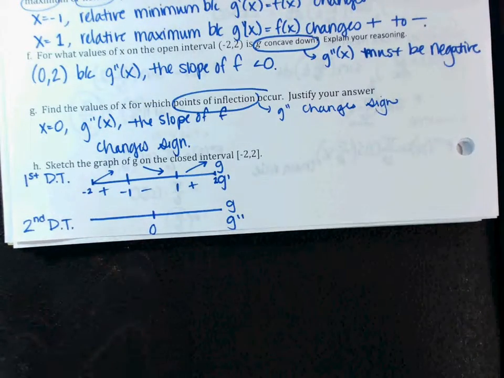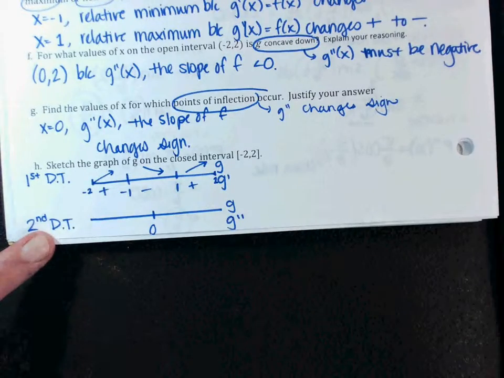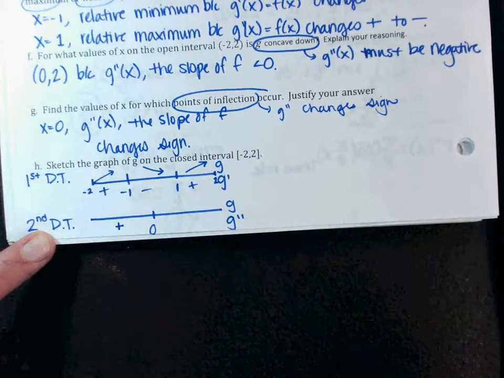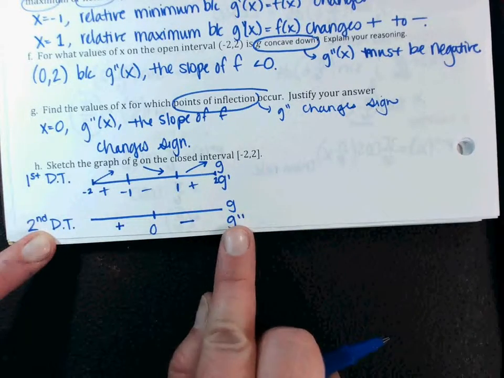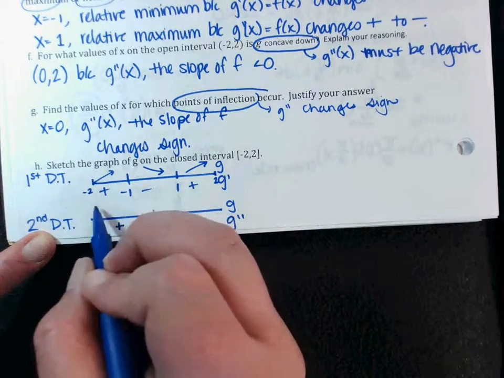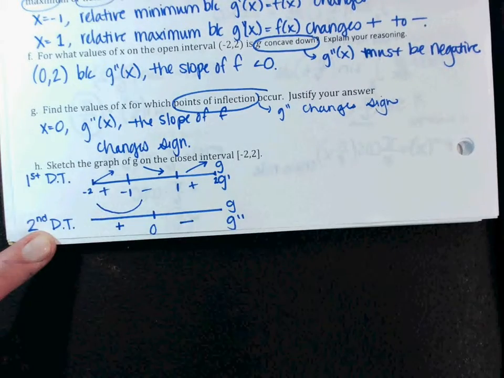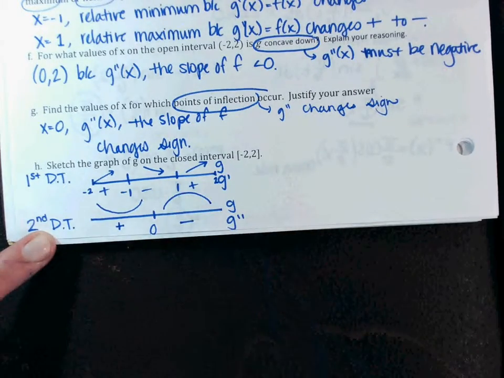And then remember, you want to try to line your graphs up with each other to make sketching easier. On the left side of 0, was your slope uphill or downhill in the graph of f? I had a positive slope, then it changed to a negative. Now, if this is g double prime, what does that tell me about g? Concavity. It's concave up, then it's concave down.